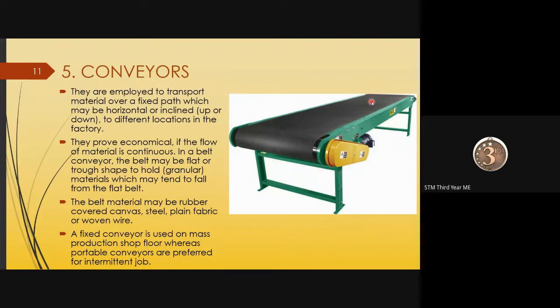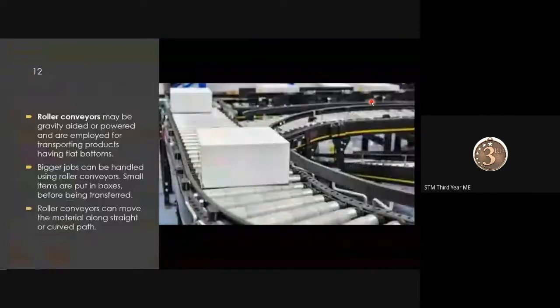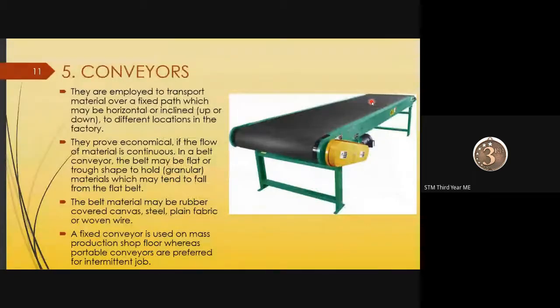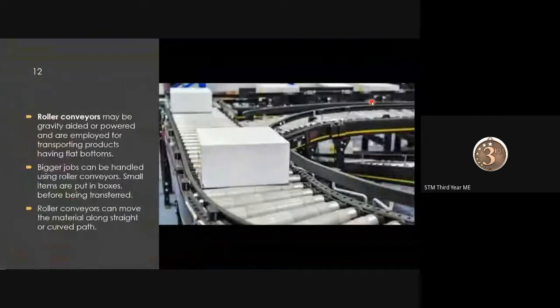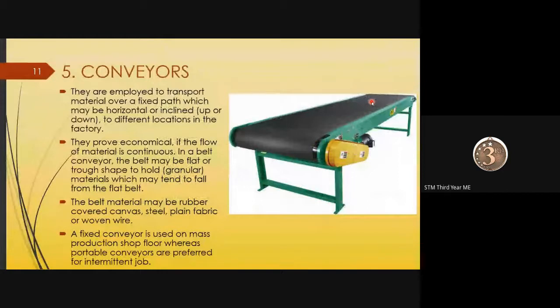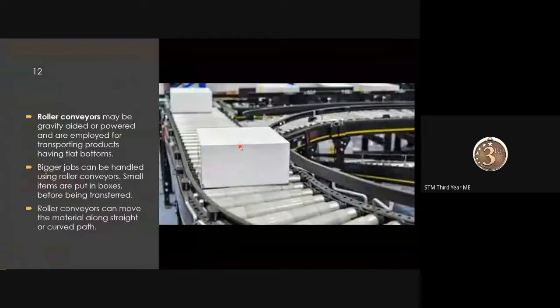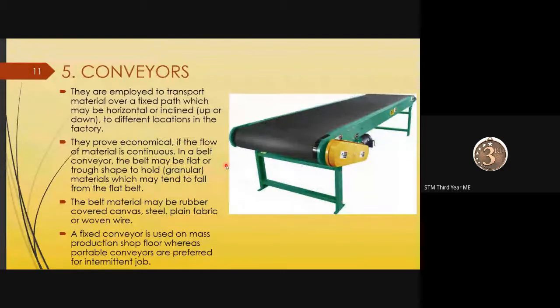So these were the equipments that we studied earlier, and under conveyors itself there are other types. The first one that you have already seen is a belt type of conveyor. This is also called a conveyor, and even this one is called a conveyor, and this is called a roller conveyor. Both have essentially the same function, but the basic designs are different.